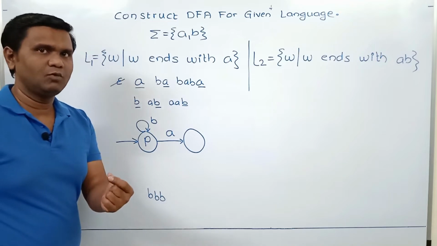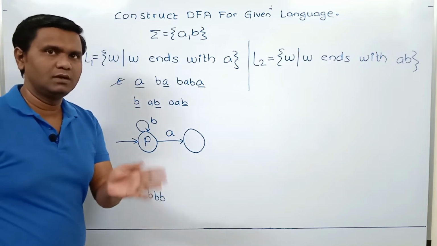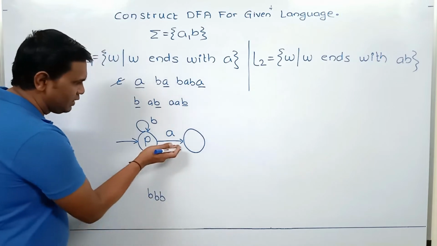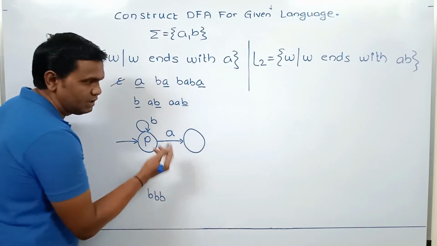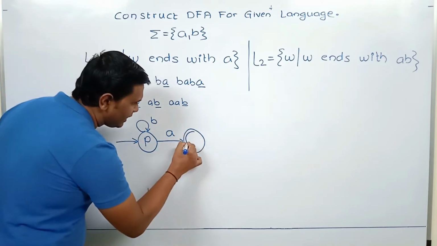If the last one symbol is not A, the DFA should be in a non-final state. So here we find A, the last one symbol will be A, we will go to a final state.